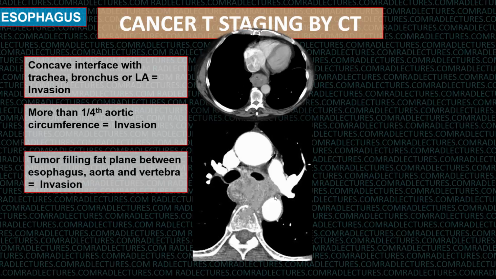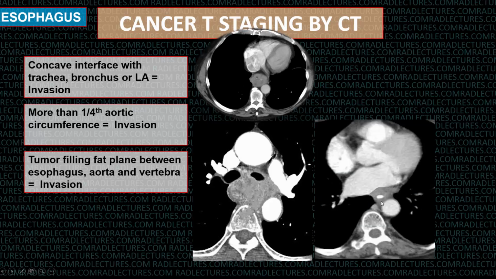And third is, if the tumor is filling the fat plane between the esophagus, the aorta, and the vertebral body, if it is filling it, that means that the aorta is invaded. In this case here, there is destruction of the vertebral body also, so that is it.